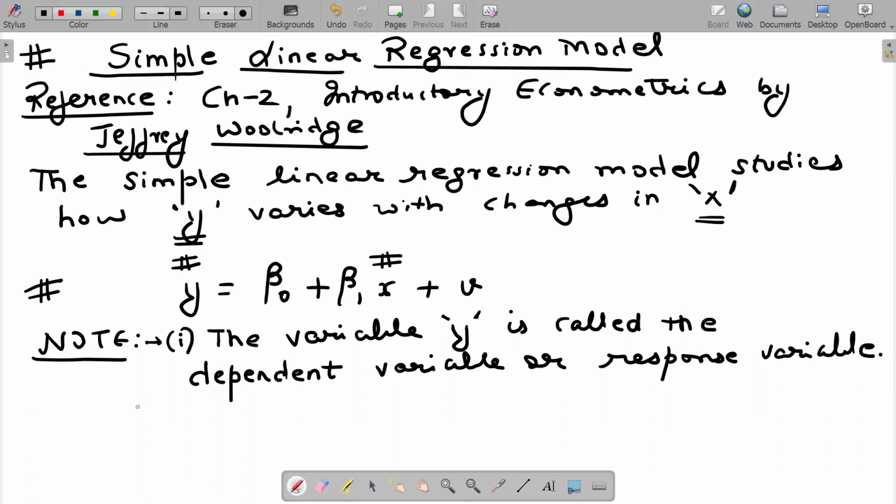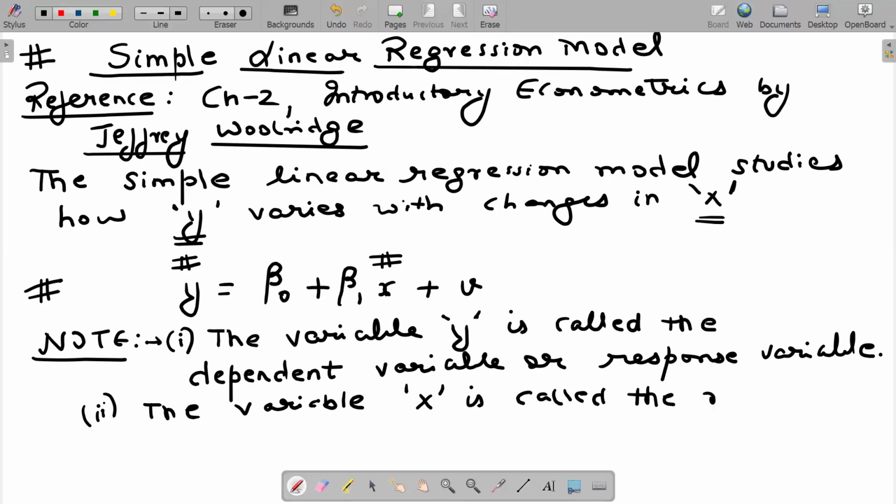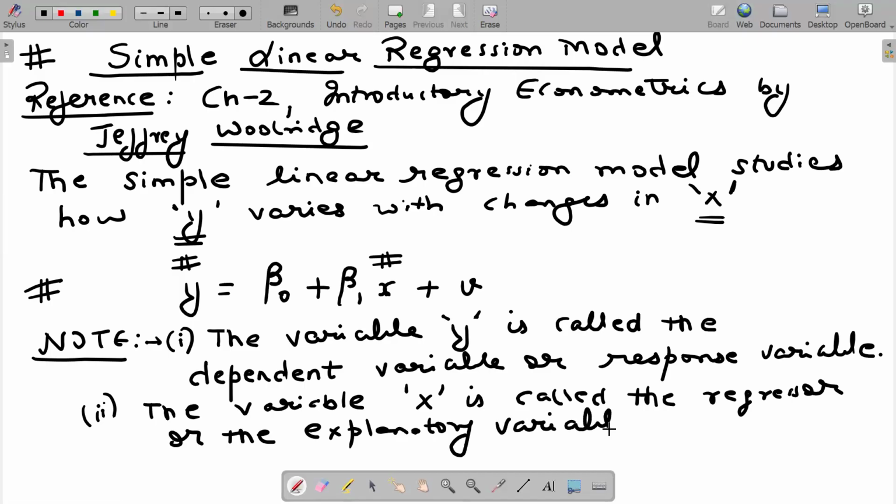And the variable x is called the regressor or the explanatory variable.